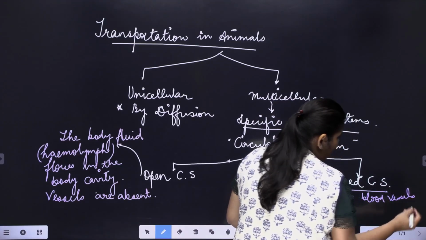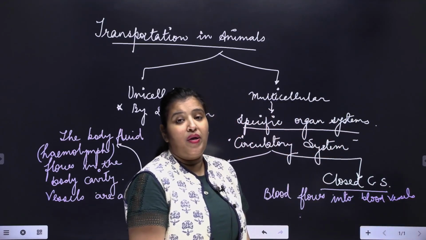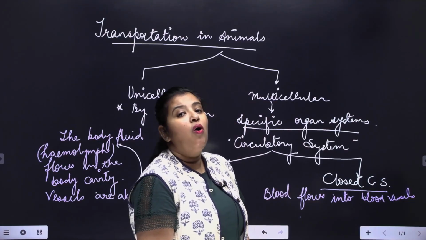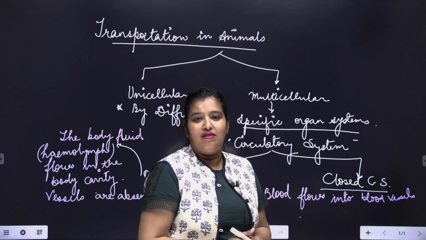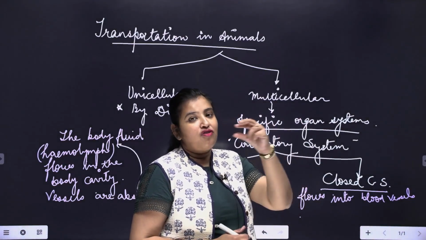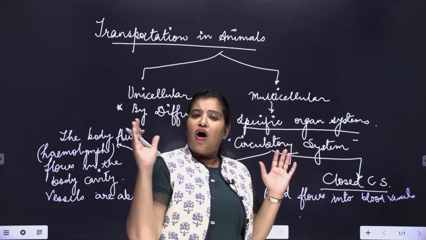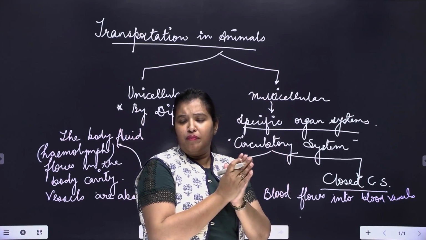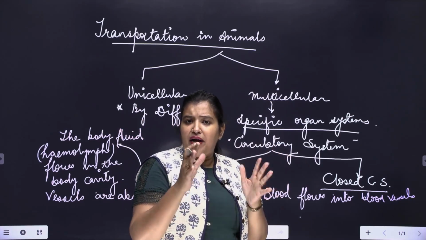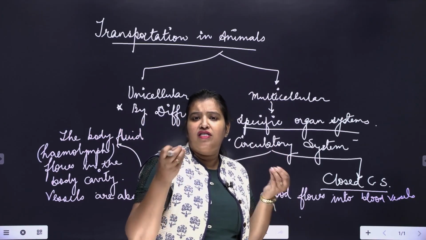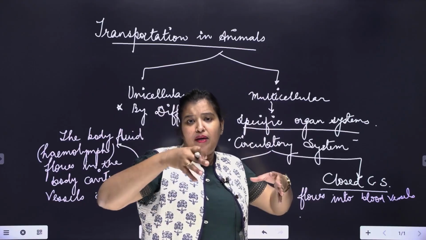Now, if you remember, we have arteries, we have veins, we have capillaries. What are these? These are all blood vessels which help in the transport of blood in the body. That means the entire body of a human being is not flooded with blood everywhere. Every cell is not flooded. It's not directly dipped in blood.